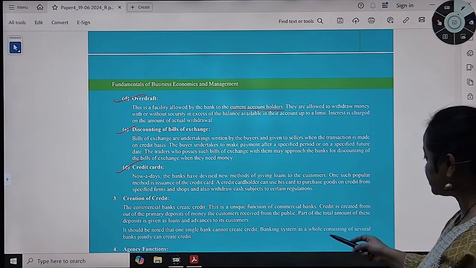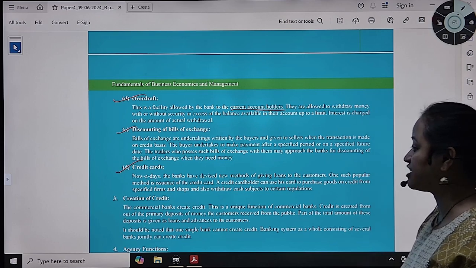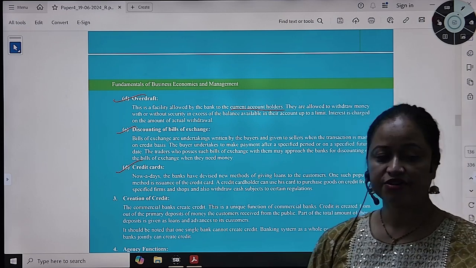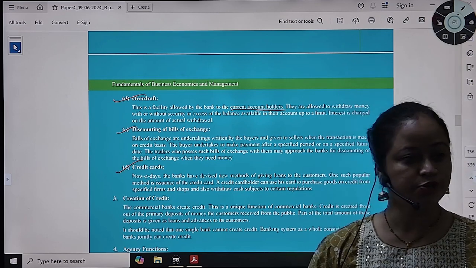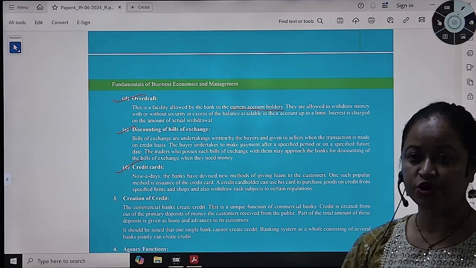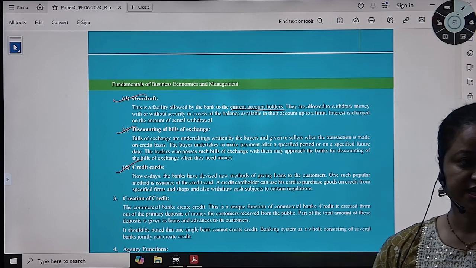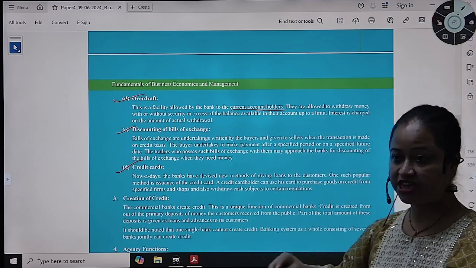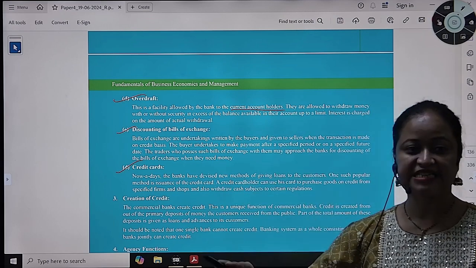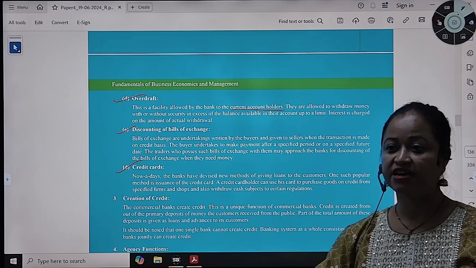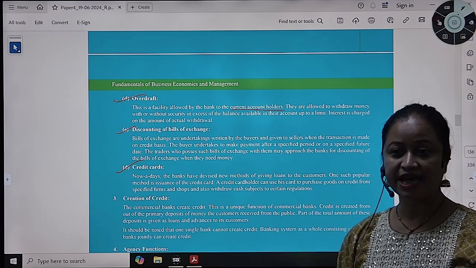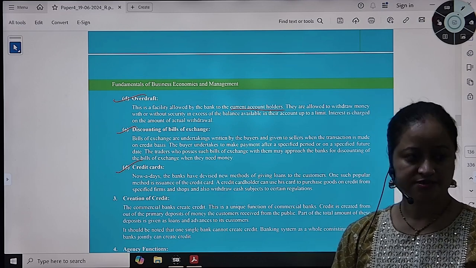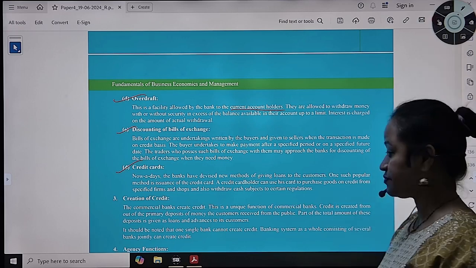Banking system as a whole consisting of several banks jointly can create credit. Okay? ये जो आपने देखा कि सेविंग डिपॉजिट में लोगों ने पैसा डाला, करंट अकाउंट में डाला, फिक्स डिपॉजिट अकाउंट में डाला, वही पैसा लेके the bank is giving credit to the customers.